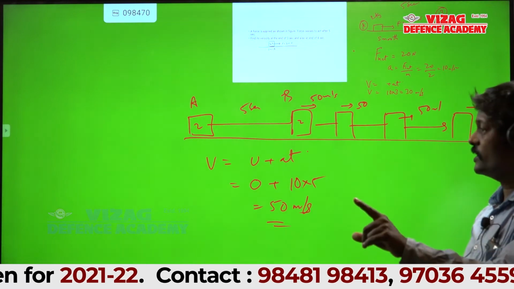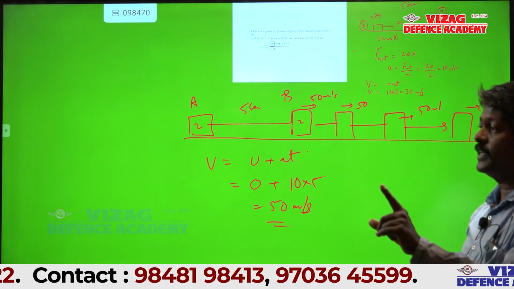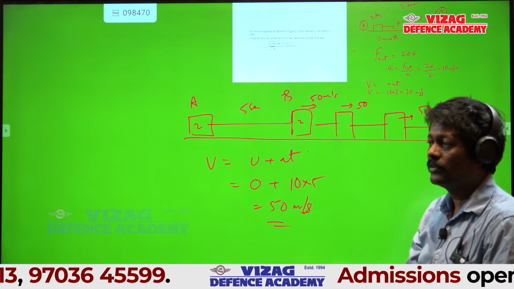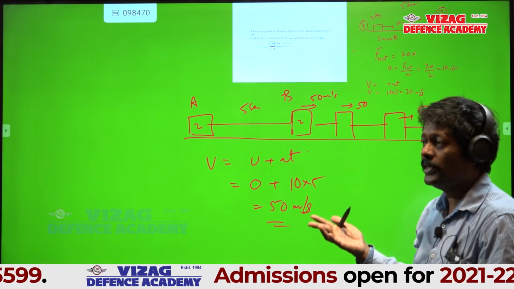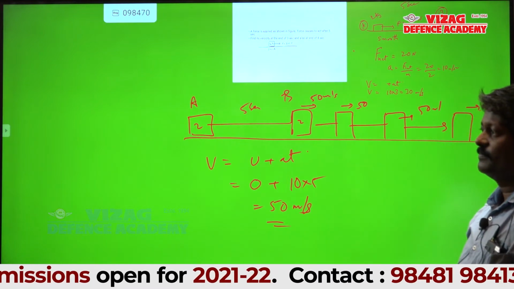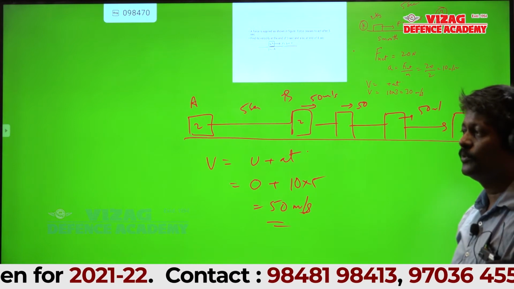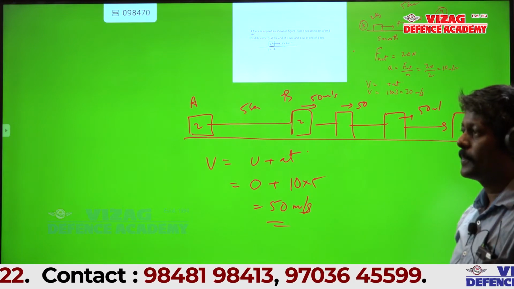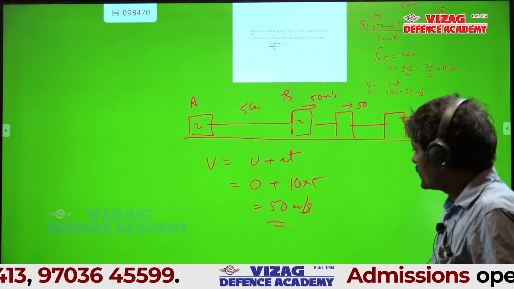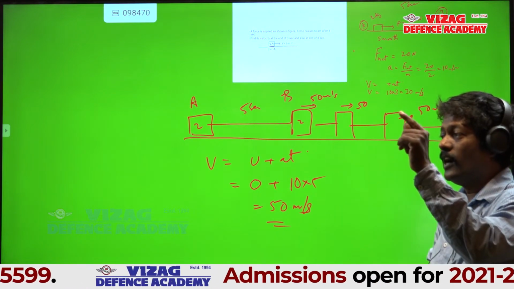By mistake, if you try 10 into 8, it is wrong. Why? Up to 8 seconds you don't have force. Force is only up to 5 seconds. For how much time is force there? 5 seconds.